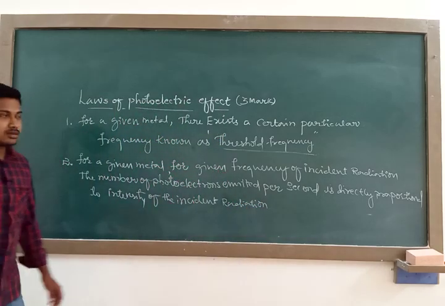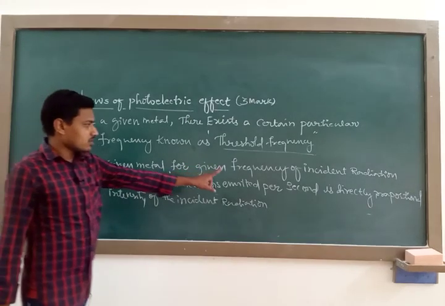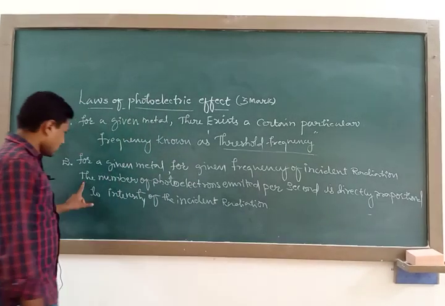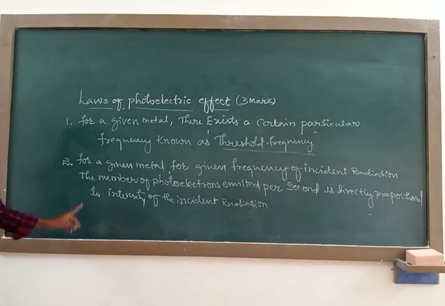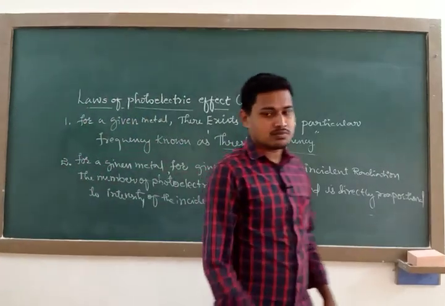For a given metal, for a given frequency of incident radiation, the number of photoelectrons emitted per second is directly proportional to the intensity of the incident radiation.